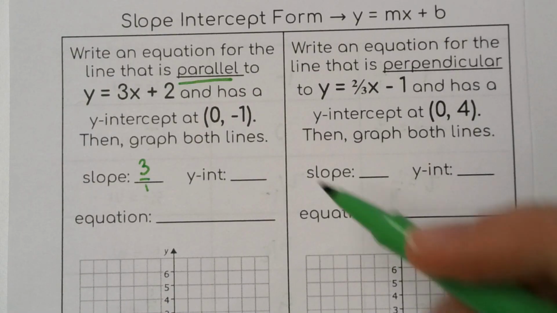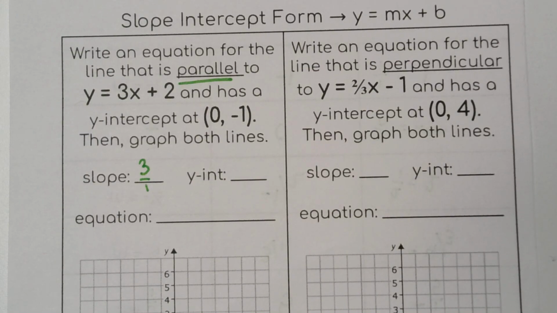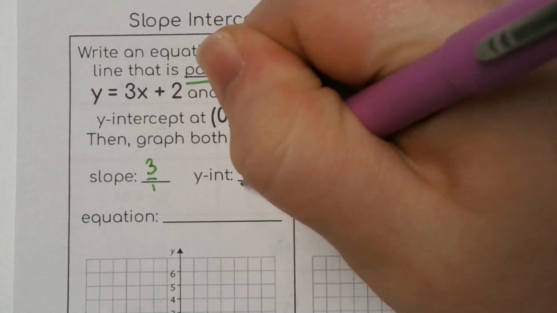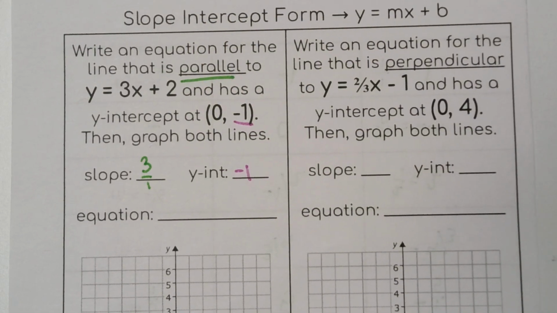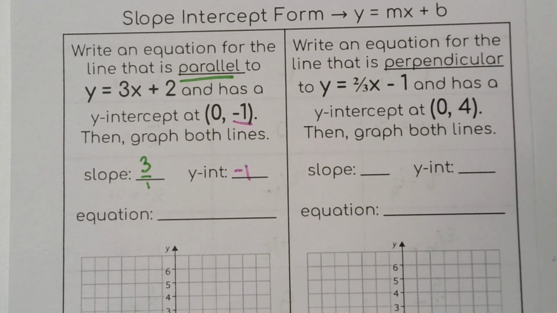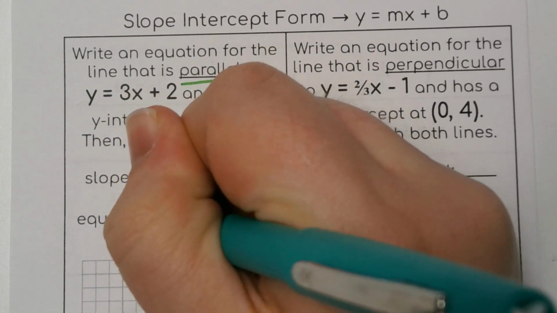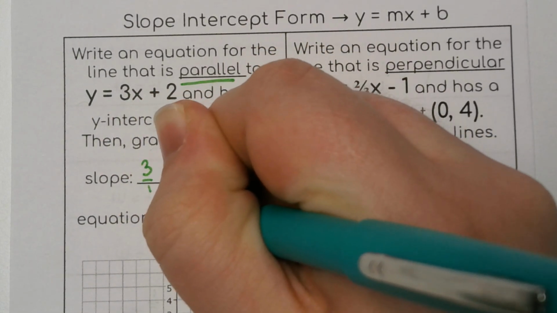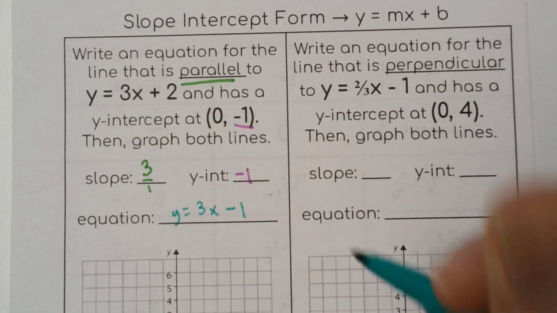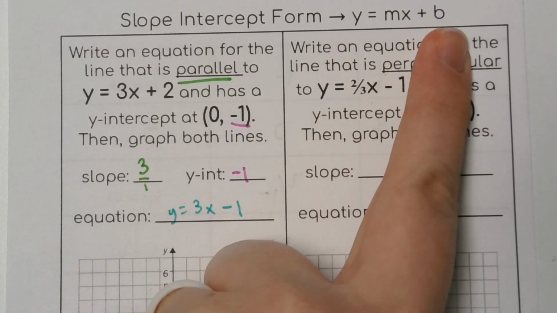Then it says it has a y-intercept of (0, negative 1). So that negative 1 is your y-intercept. Our equation, therefore, would be y equals 3x minus 1.